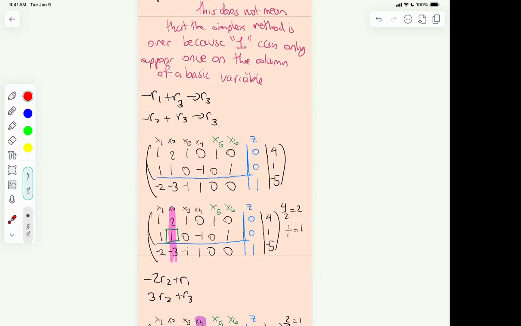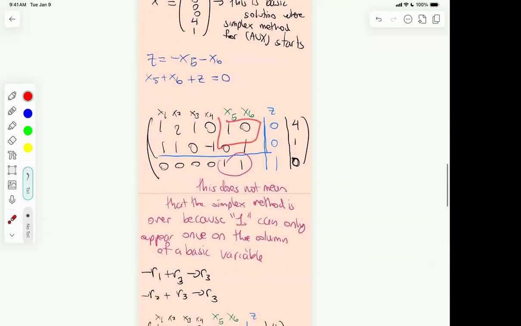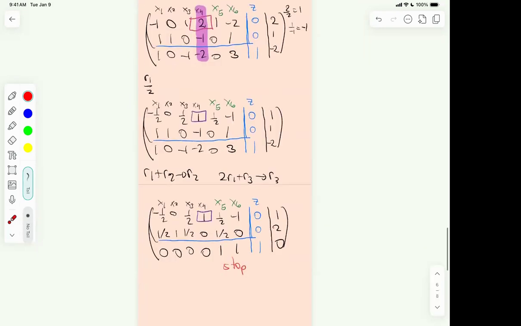In the simplex method it was x5 and x6 because this was the identity matrix I was choosing. And even though this was 110, now it's still 110. The difference is that now this is fine because these are now non-basic variables. I turned these both into non-basic variables.